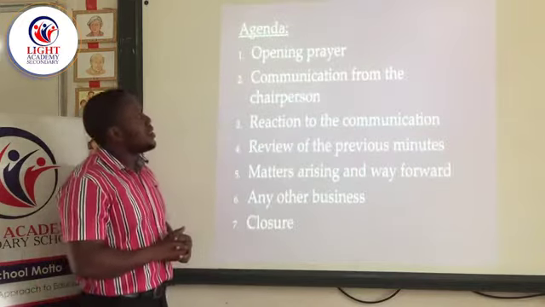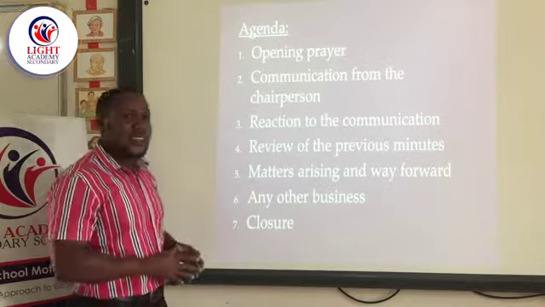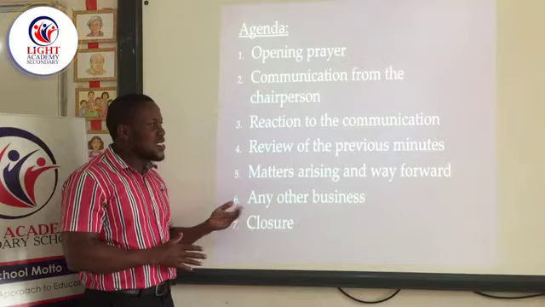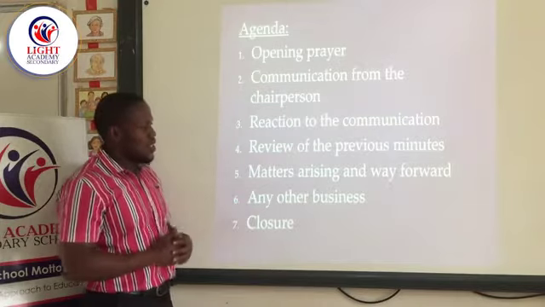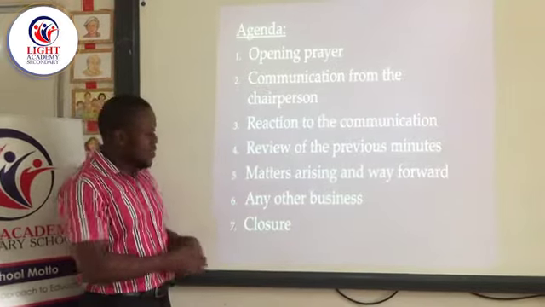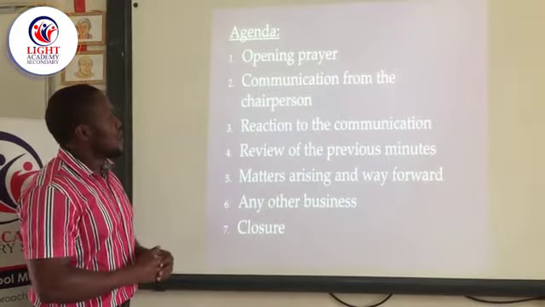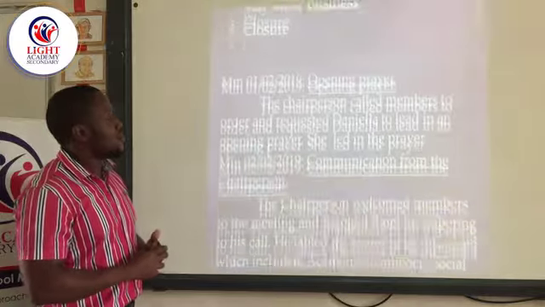Then our agenda, like I said, see to it that the minimum should be 6 aspects under agenda. But for my example here, it has 7 aspects. So with this, let's now go to the actual minutes.